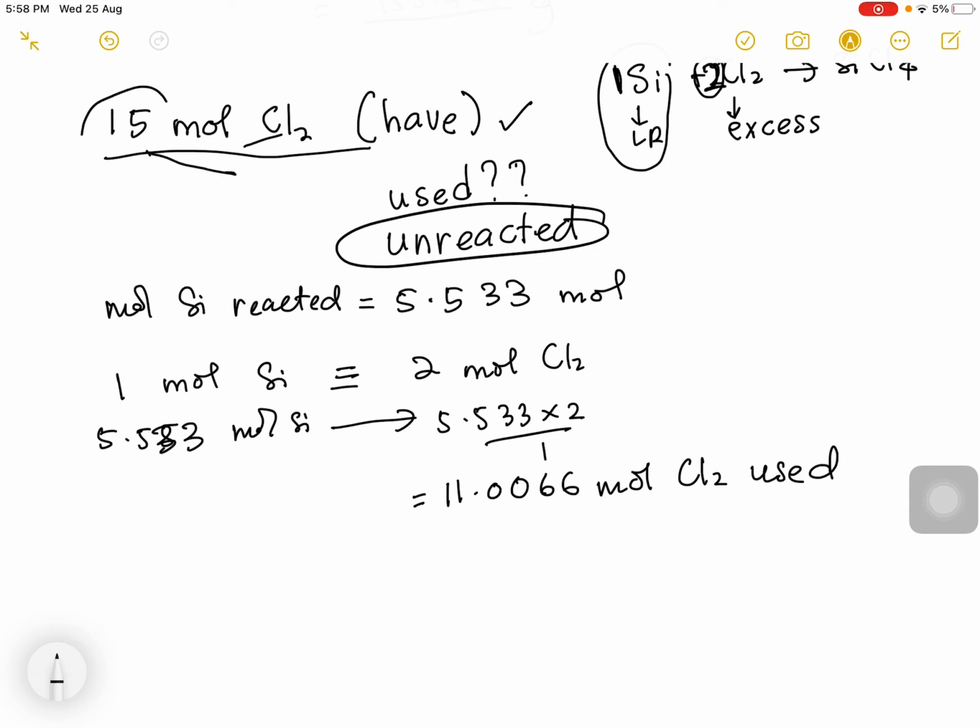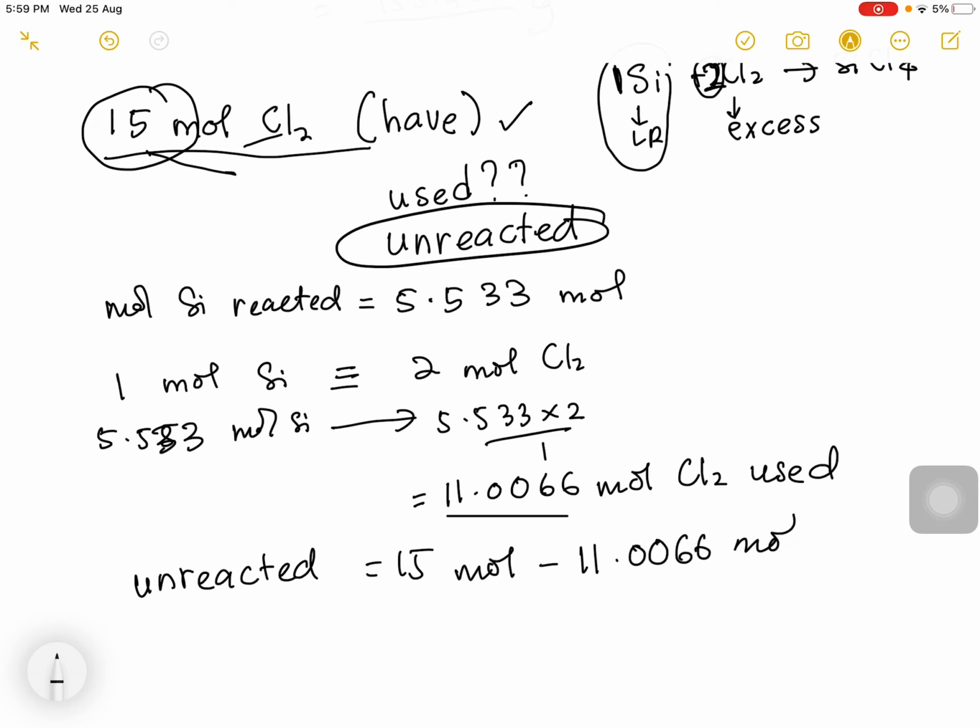We have 15 mole, but we only use 11. So unreacted is 15 mole minus the 11.066 mole we used. So the unreacted is 3.93 mole. The question asks to determine the mole of unreacted chlorine. Okay, that's all.